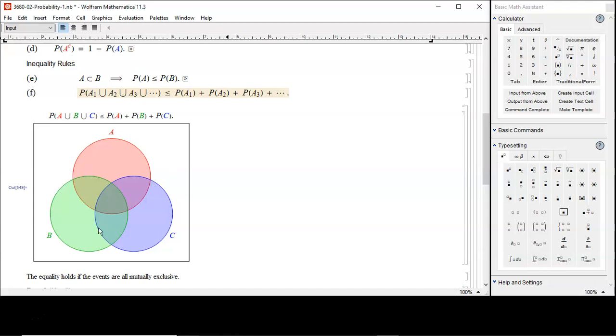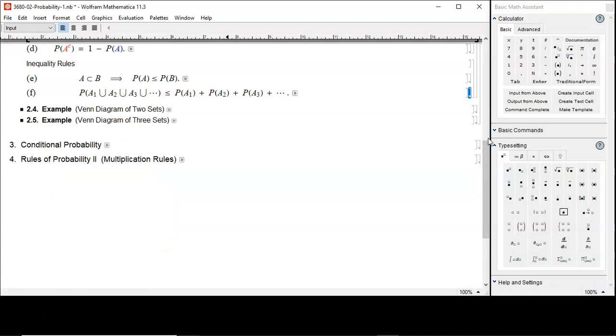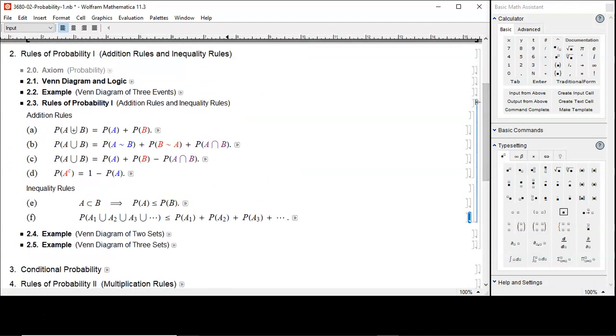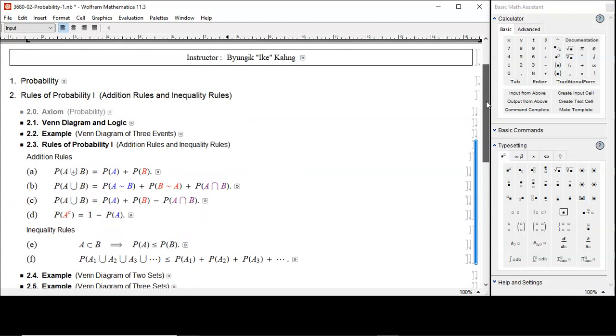Entire red, entire green, entire blue added up separately, then these middle parts are doubly, sometimes triply counted. So we get something bigger in general, and equality holds when they are all mutually disjoint. To prove it in general, and for infinitely many, is going to be hard work, but we're not going to do that yet. We'll prove all these in a separate video.